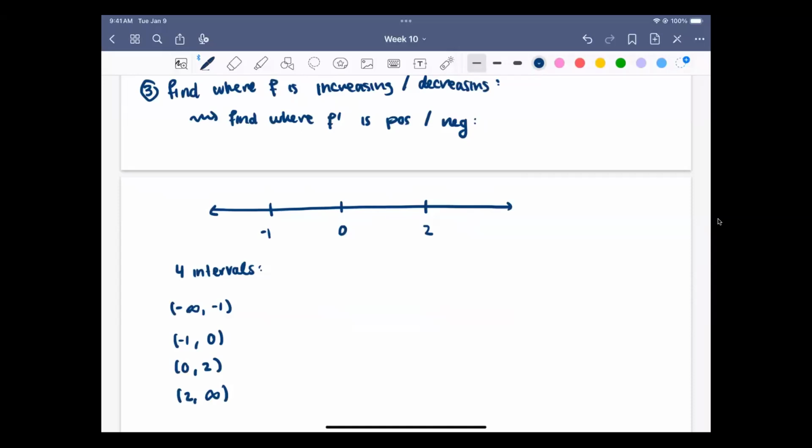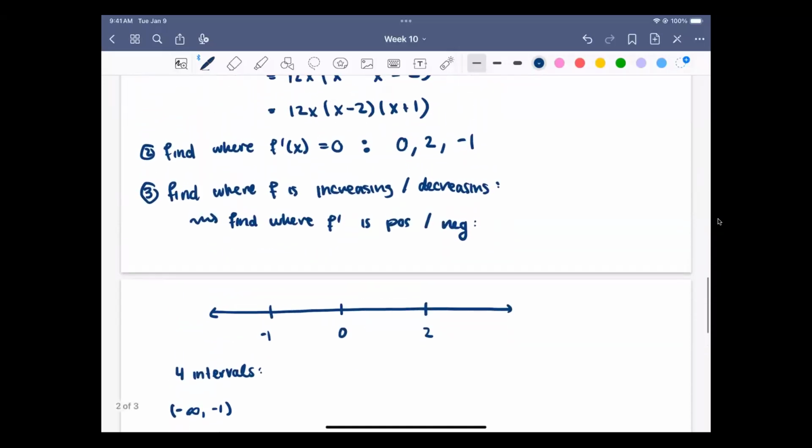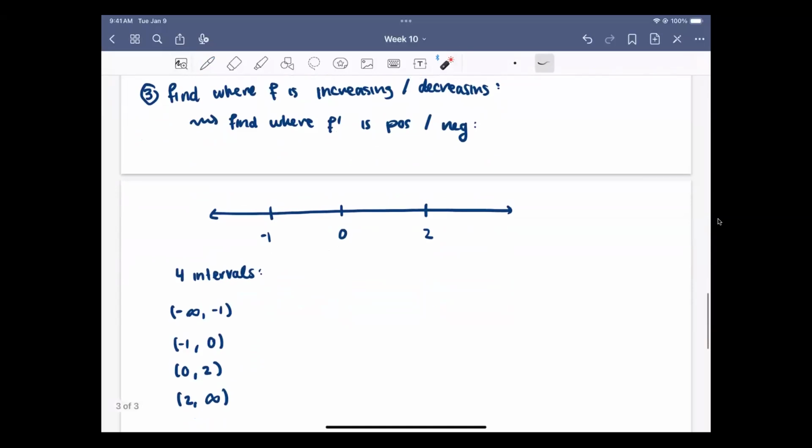And what you can do, we have these factors in f prime, and so you can just decide on each interval individually whether this is positive or negative, this is positive or negative, this is positive or negative, and then just count up the number of positives and negatives to discover whether the whole thing is positive or negative. So here's how the chart method works.